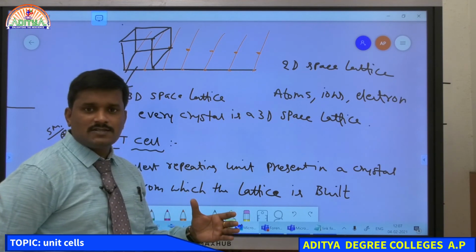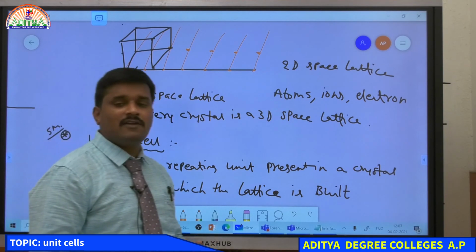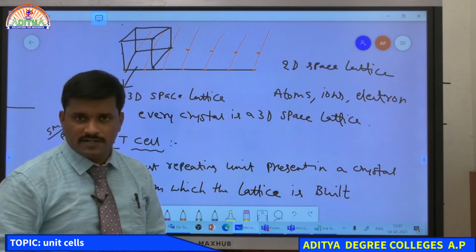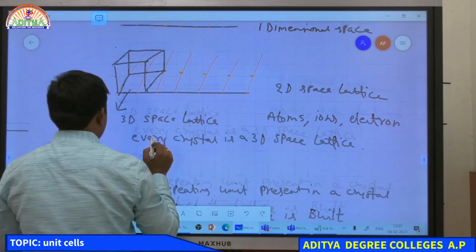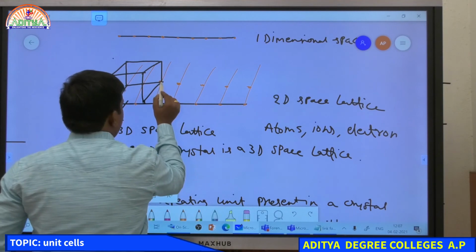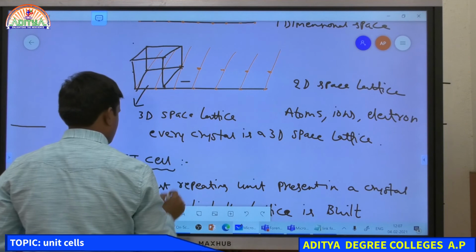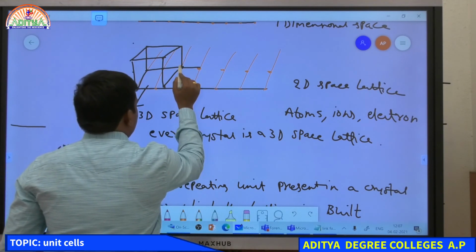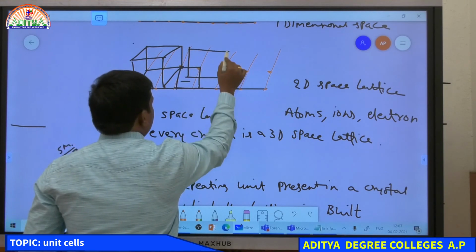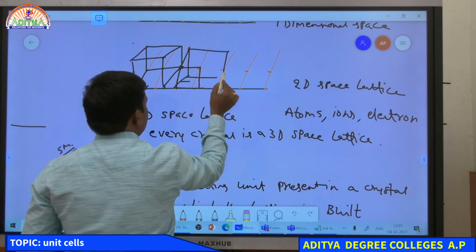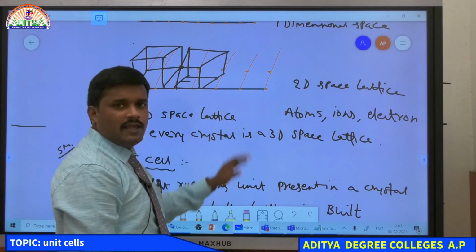So unit cell is also equal to a crystal structure, because every crystal has a number of smallest repeating unit cells. So this is one unit cell. Whenever this is combined with one more unit cell, we get a three-dimensional structure, again and again.